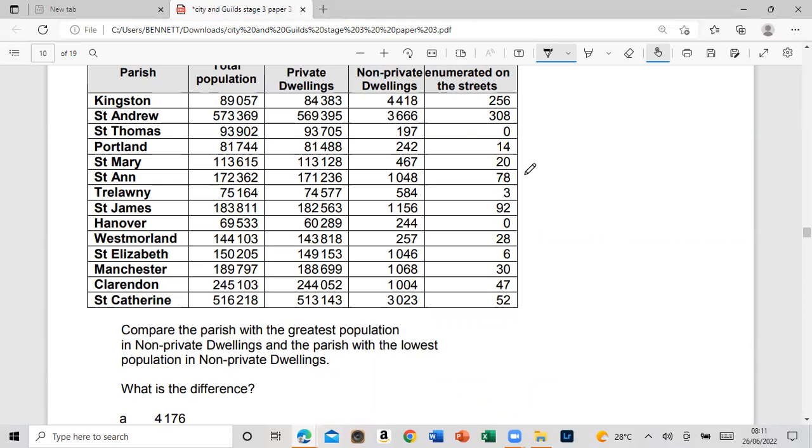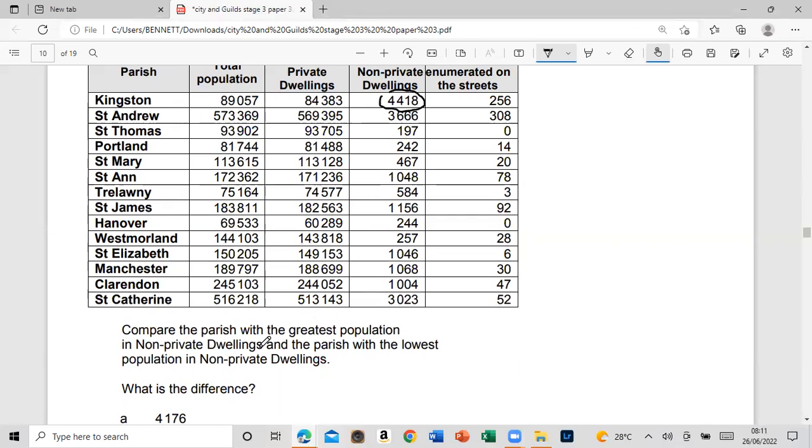These are the non-private dwellings, and the highest figure will be 4. Compare the parish with the greatest population in non-private dwelling and the parish with the lowest population in non-private dwelling. The lowest, all right, let's see now. We have 197.